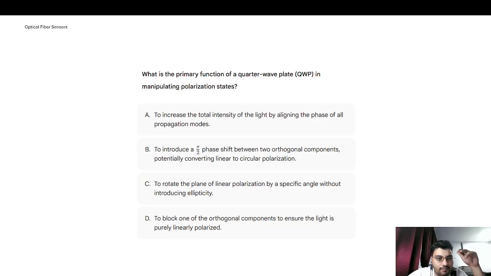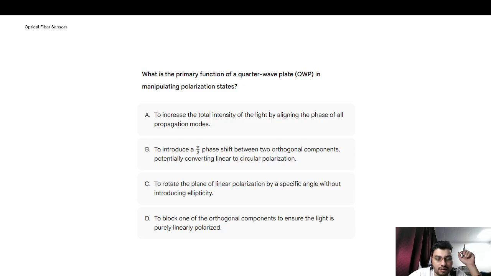It was quite easy. What is the primary function of a quarter wave plate in manipulating polarization state? Option A, to increase the total intensity of the light by aligning the phase of all propagation modes. Option B, to introduce a pi by 2 phase shift between two orthogonal components, potentially converting linear to circular polarization.